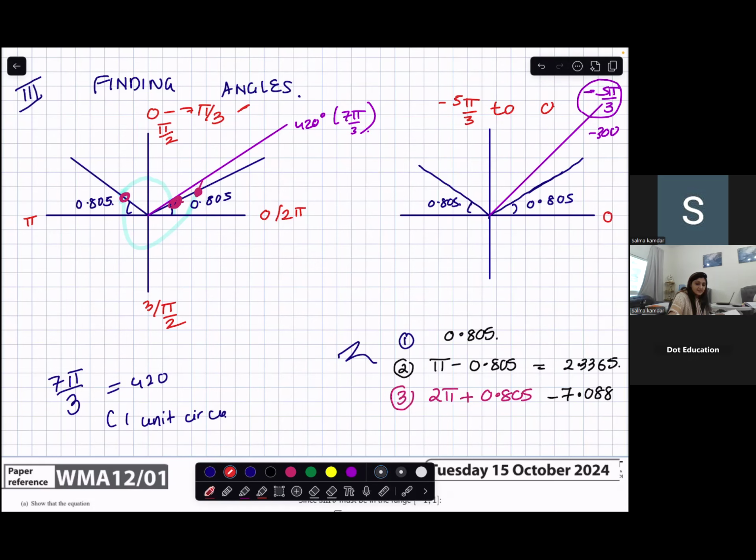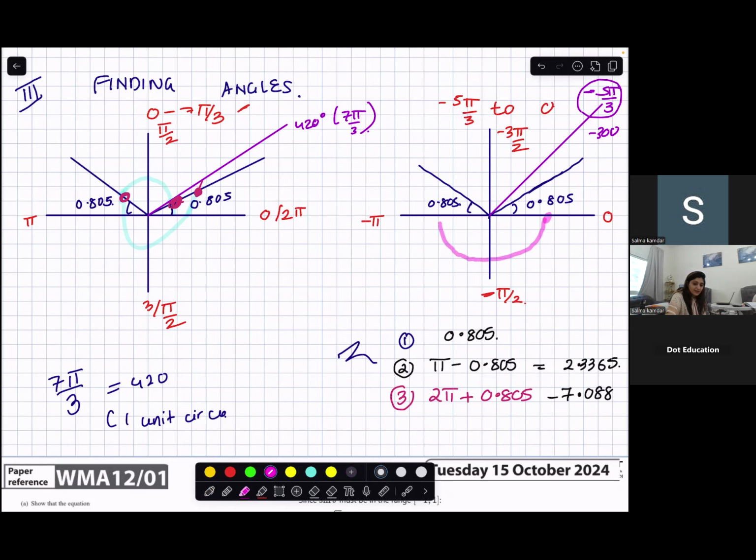So this is going to be 0, minus pi by 2, minus pi, and minus 3 pi by 2. Okay, fine. I'll do my negative hits. It's going to start from here. I'm going anti-clockwise because my range is negative.